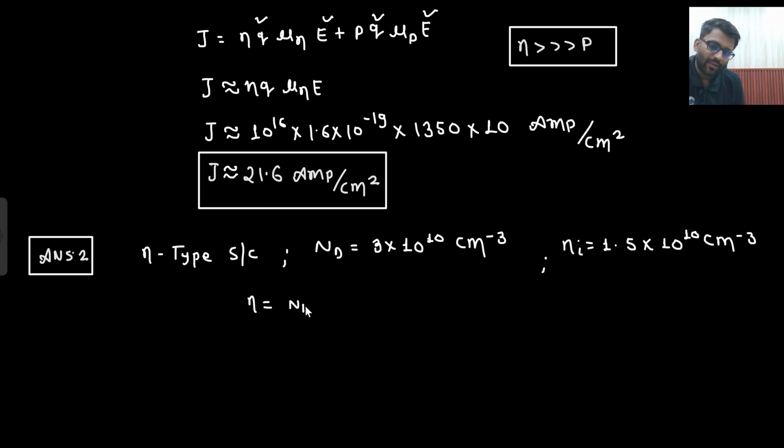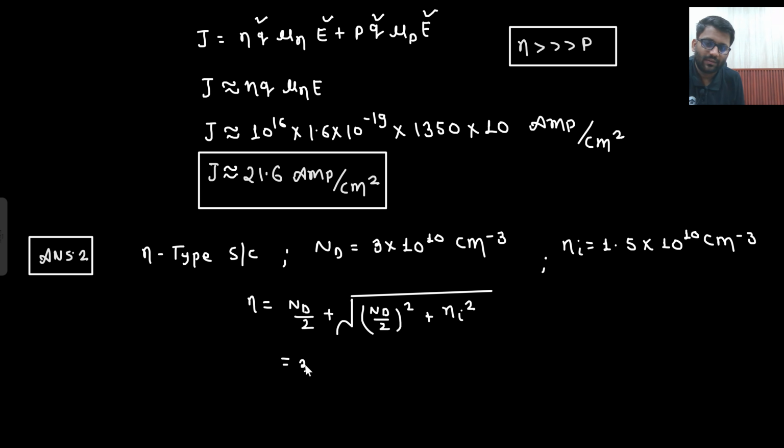So value of n would be Nd by 2 plus under root Nd by 2 whole square plus Ni square.